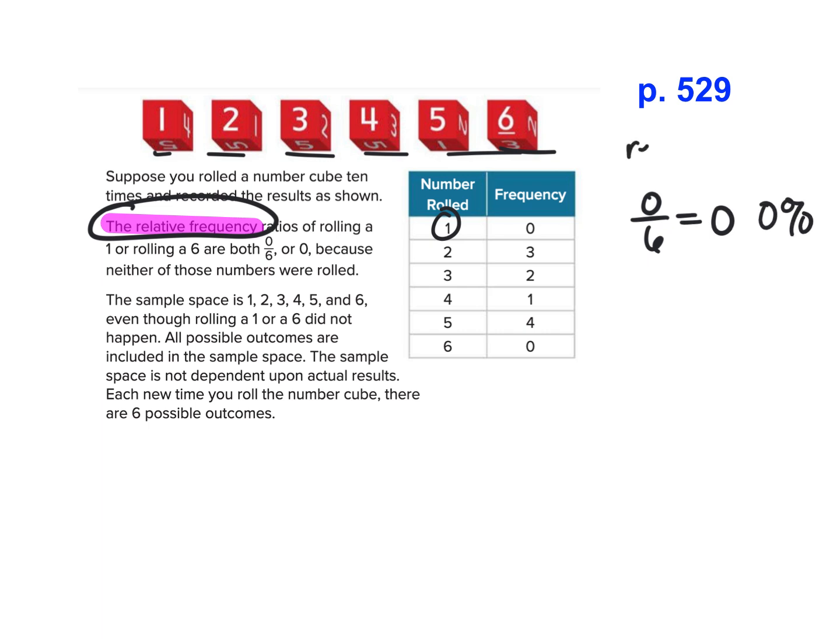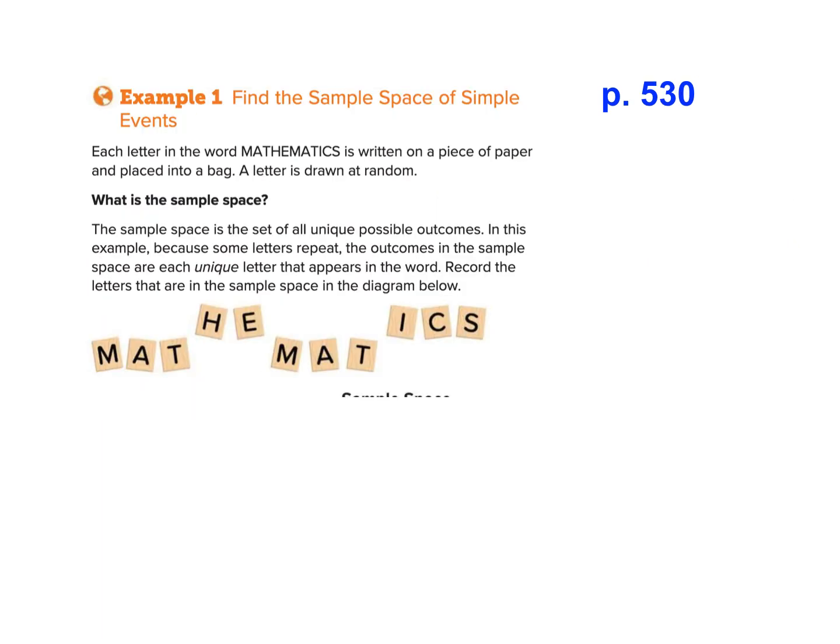That's the experimental or relative frequency. That's what actually happened. Theoretical is what should happen. I should have gotten a 1 out of 6 times. I didn't, but that's theoretical. And again, the sample space is still the numbers 1 through 6, because those are the possible outcomes.